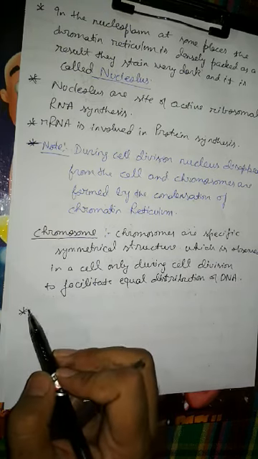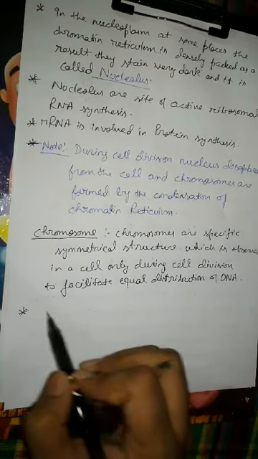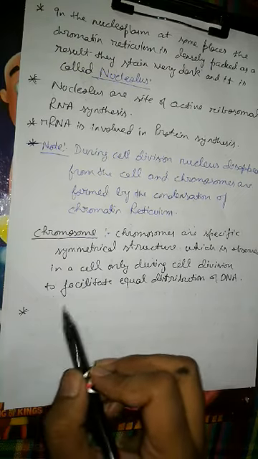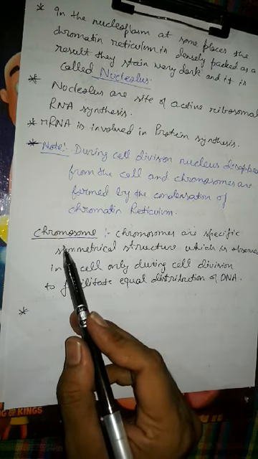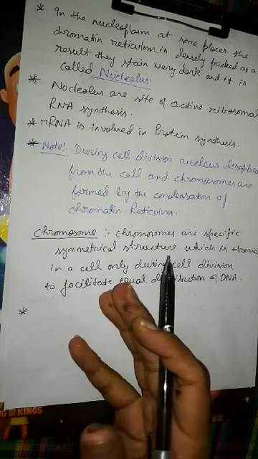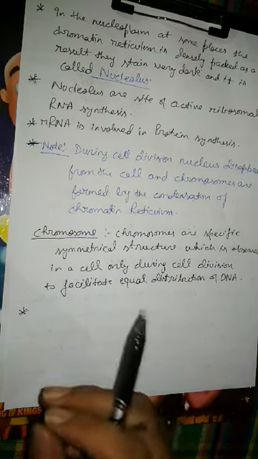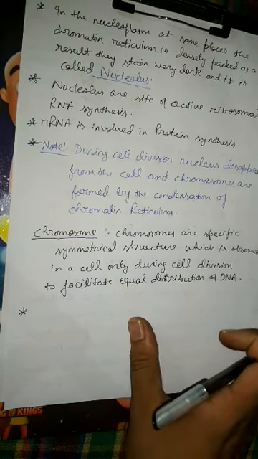Now, what is the chemical nature of the DNA? That also you should know. Or we can say, what is the chemical nature of the chromosomes. Either it is chromosome, or DNA, or nucleus, the chemical nature is acidic.